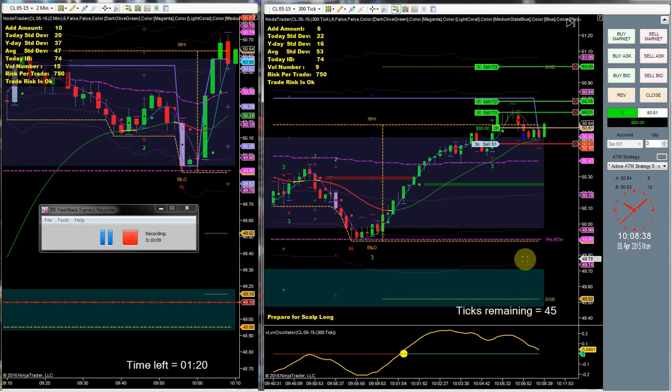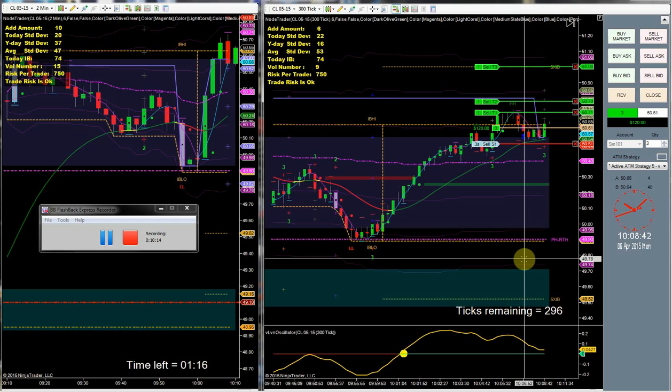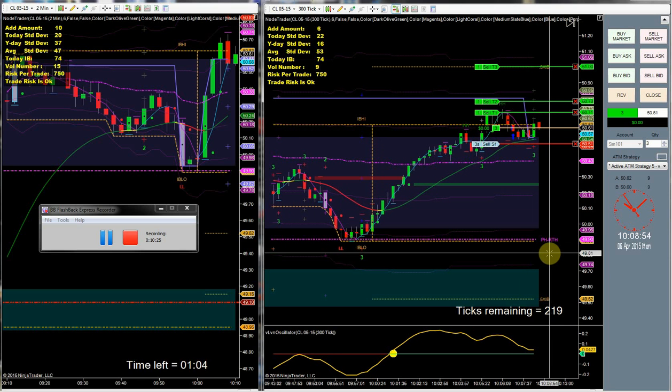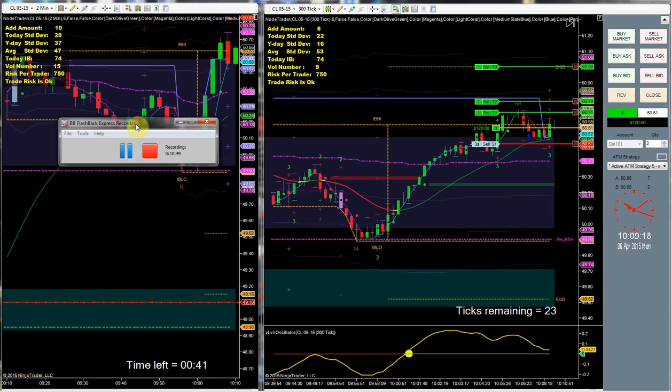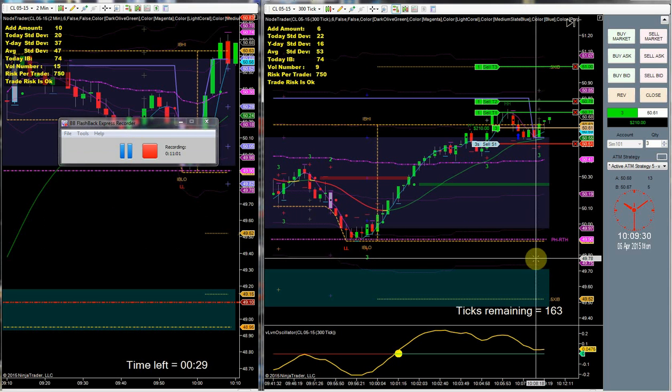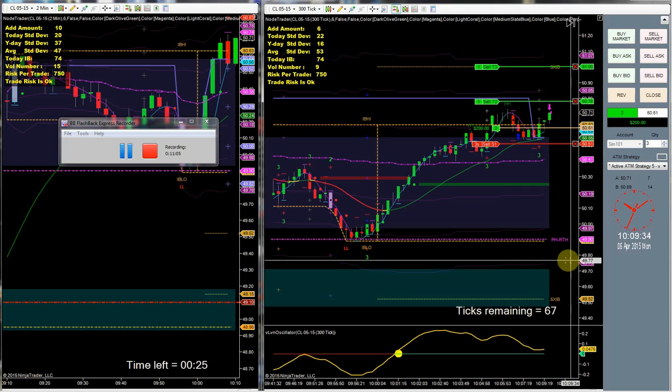And I'm sure we'll see momentarily which direction they plan to go. Target filled. Alright, that's our first target hit.